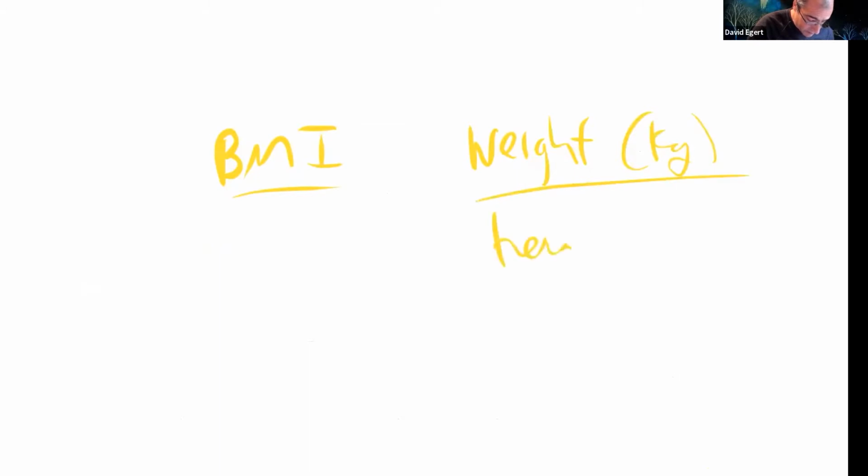Okay. BMI is going to be their weight in kilograms over their height in meters, quantity squared. Right, that's BMI.